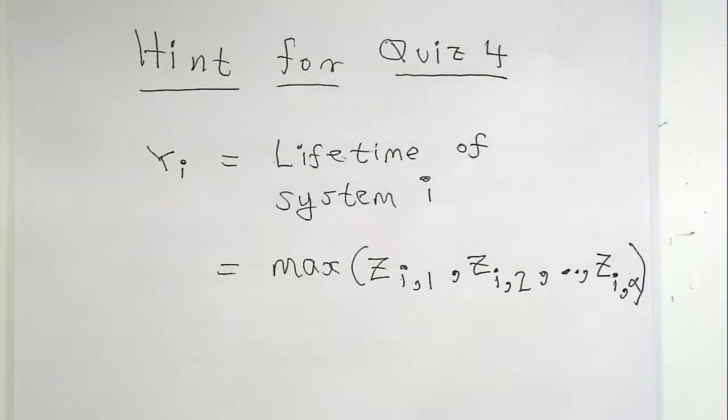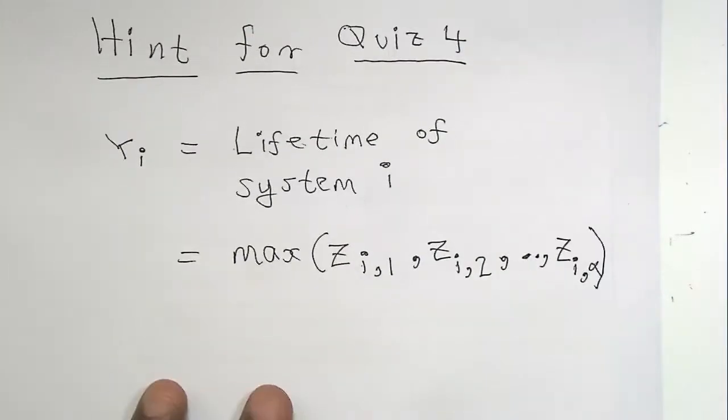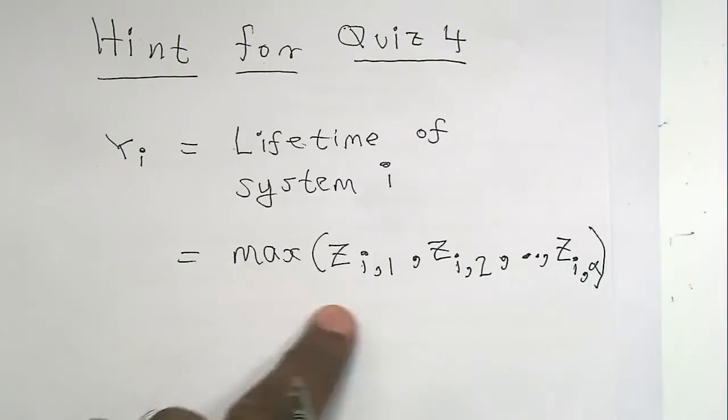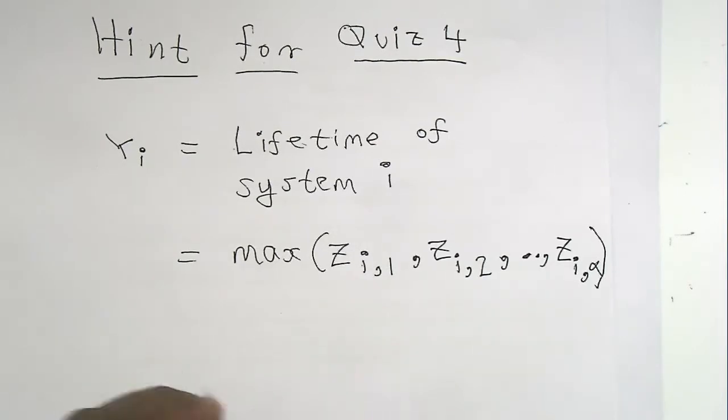You guys follow what I'm saying, guys? Because they are working in parallel, working in parallel means that the ith system will fail only if all of the units fail. So the lifetime is the maximum of Zi1 to Zi alpha.